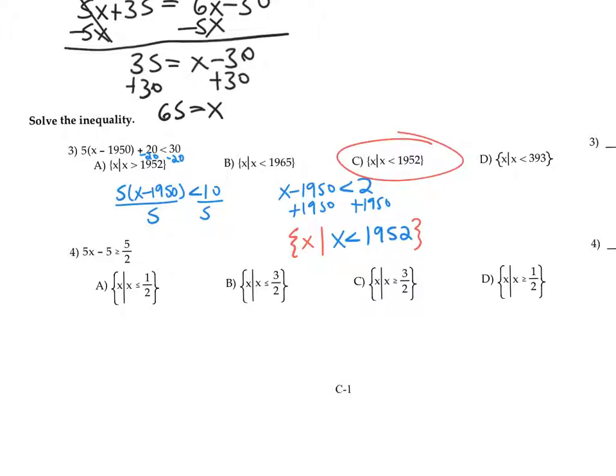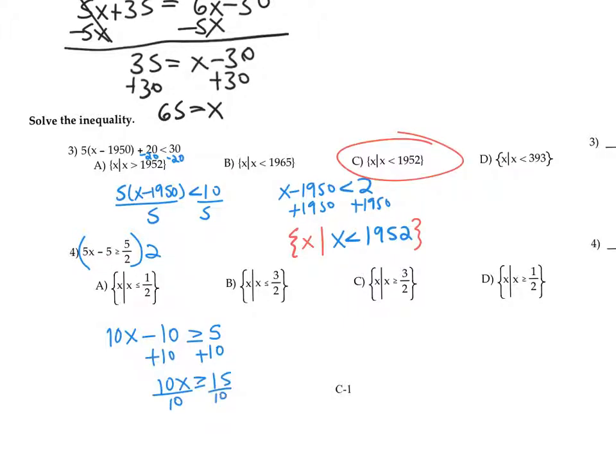Now for question 4, we need to isolate the x, but there's a fraction here. So I can work with the fractions or I can get rid of them. In this case, I'm going to multiply through by 2. When I do that, I get 10x minus 10 is greater than or equal to 5. Now I add 10 to both sides. 10x is greater than or equal to 15.